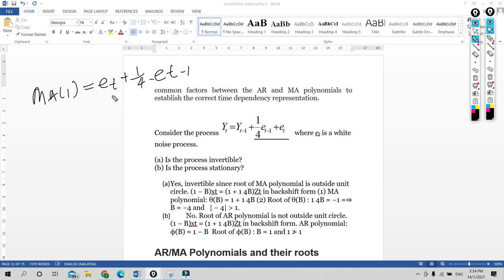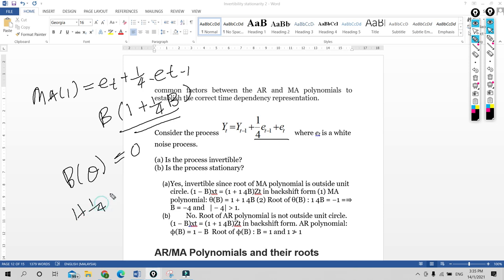In terms of the lag operator, let's say I use B instead of L, the backshift operator: 1 plus 1 over 4 B raised to 1. Let's set this equal to 0. In other words, 1 plus 1 over 4 B is equal to 0, so 1 over 4 B is equal to negative 1. In other words, B is equal to negative 4.